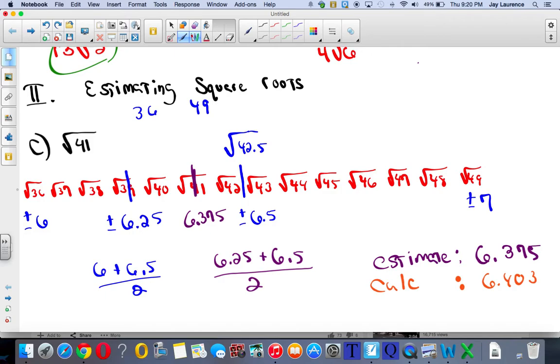I'm pretty close there, aren't I? Let's take the 6.403 and subtract 6.375 from it, and I get the difference. The difference is 0.028, not even 3 pennies. That's a pretty good estimation.